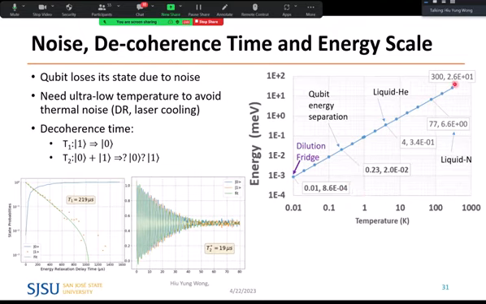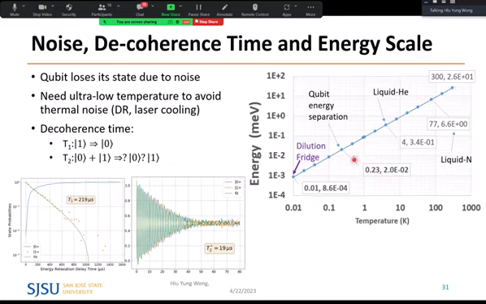For example, at 300 Kelvin, it's about 26 milli eV of thermal energy. We can cool it down with liquid helium to 4 Kelvin, but a qubit separation is only on the order of 0.02 milli eV, very small.